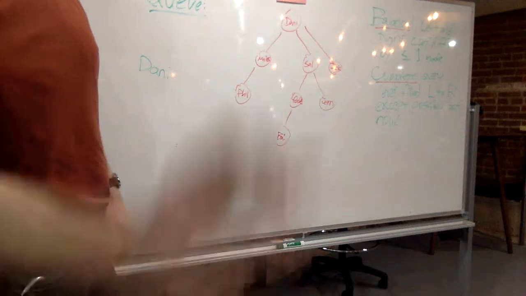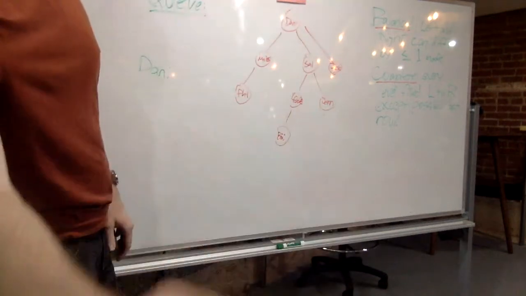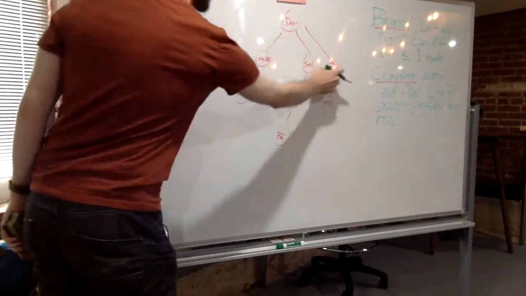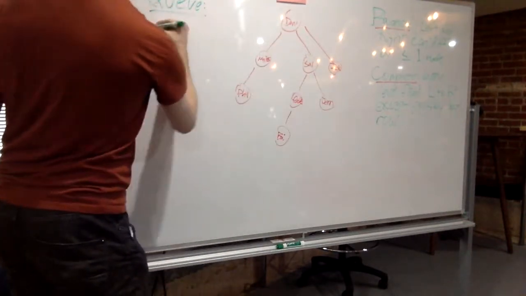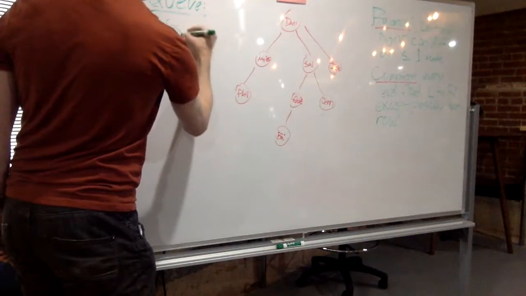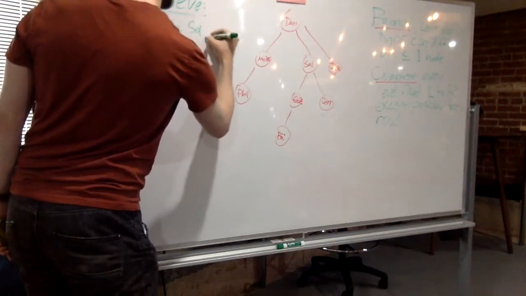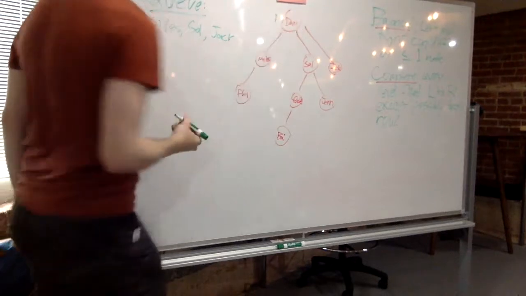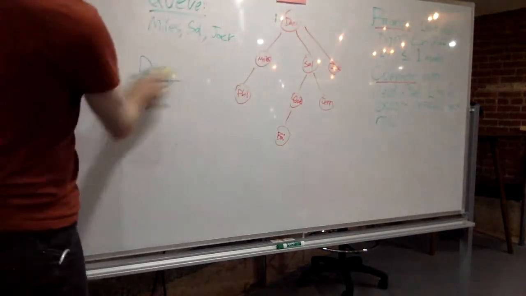And again, that doesn't matter if it's a tree. And then we put them on the queue. So for each of the children here, we put them on the queue. So Miles goes on, and then Sal, and then Jack. So Danny was first, and we'll see what happens next.